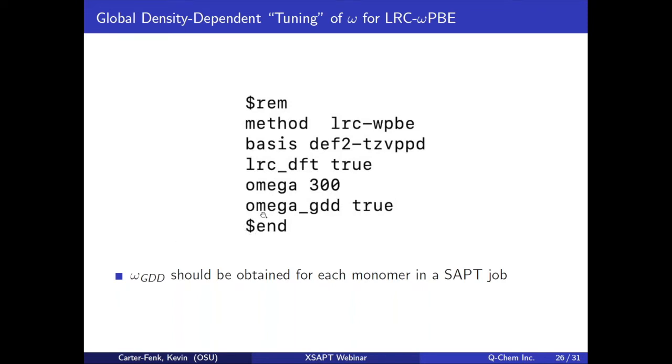So in order to optimize the value of omega for a given fragment, this is what the REM section should look like. You should start with omega GDD equals true and set an initial value of omega to 300. And then the corresponding level of theory is up to you, but it should match the level of theory applied in the SAPT job.